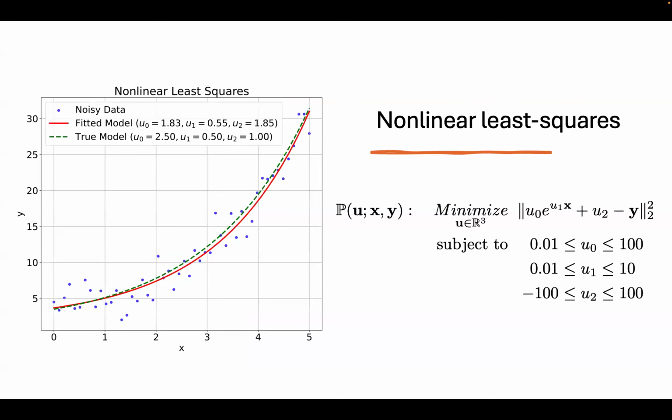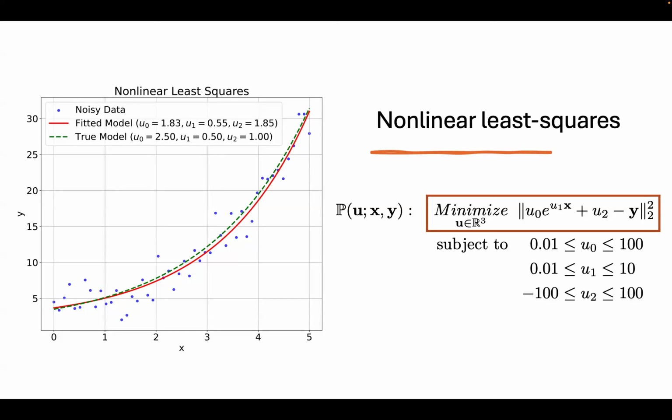I'm hoping those blue dots showed up. Maybe you wanted to do non-linear least squares where you have a line such as the green dashed line, and you wanted to optimize a best line fit to that. So if you don't actually know what the green dashed line is, you just have very noisy measurements, which are your blue dots on the graph, then you can formulate a problem where your decision variables u are the u0, u1, and u2 in your exponential function.